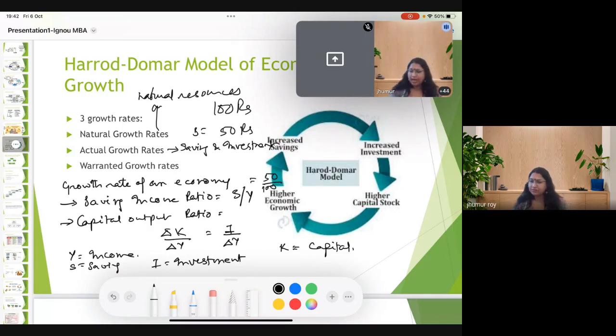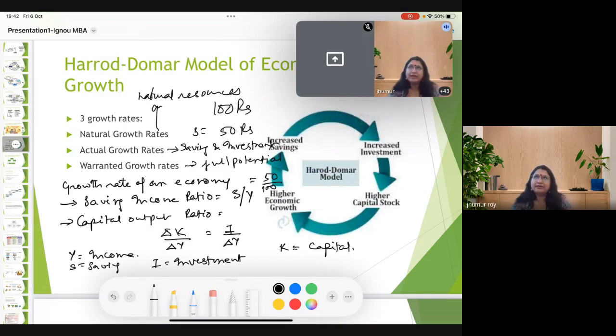And the third is the warranted growth rate. That is, what do you desire? It is the full potential of the economy. If I use all my resources in the most productive manner, getting the best out of the people, the material, everything, that is the desired growth rate.